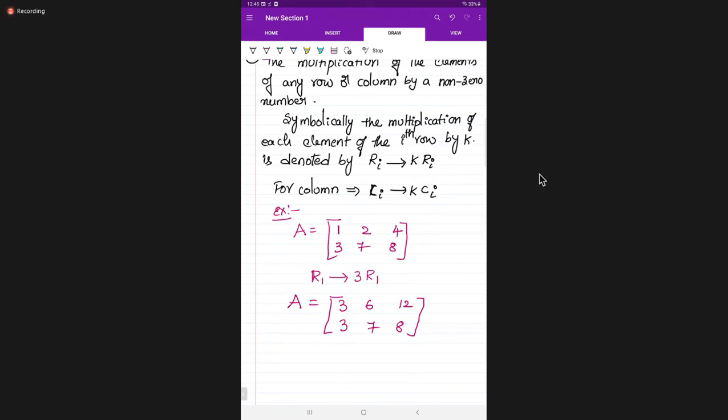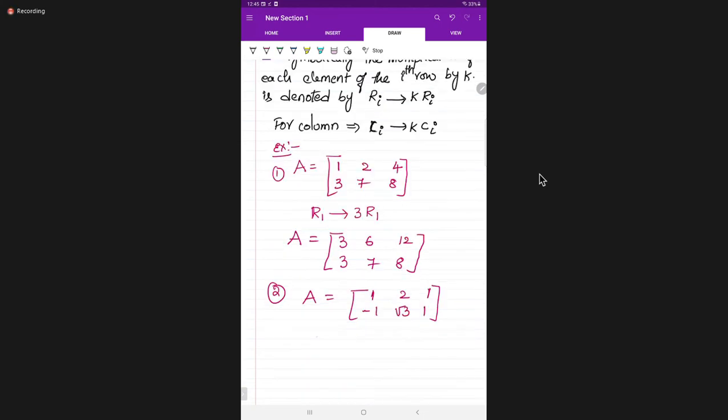Next, second one. Take capital A is equal to [1, 2, 1; -1, √3, 1]. Now C3 tends to 1/7 C3.